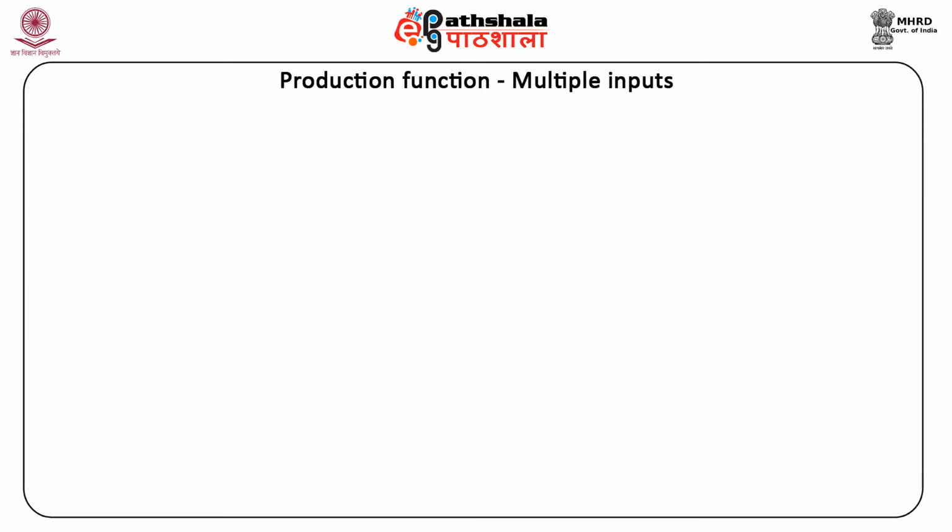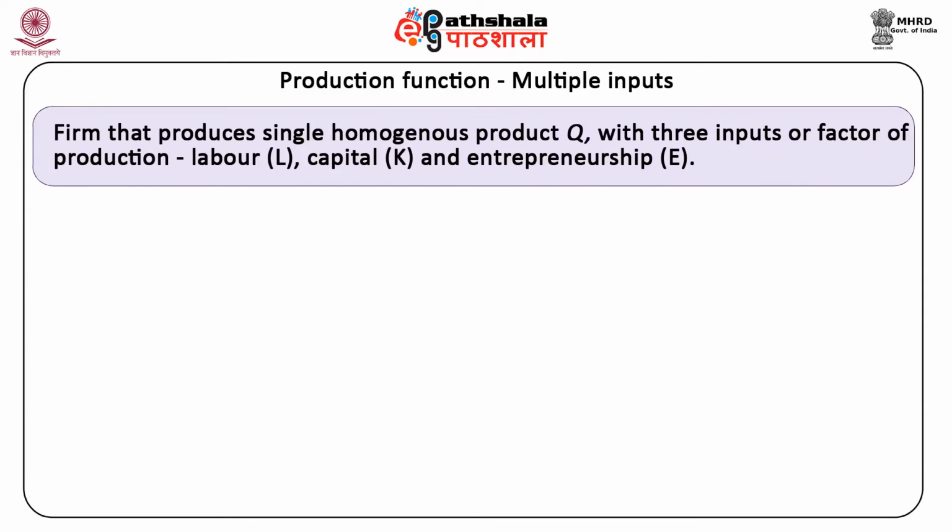Production function, multiple inputs. Suppose we have a firm that produces a single homogeneous product Q with three inputs or factors of production, that is labor L, capital K, and entrepreneurship E. Then the production function would be given as Q = F(K, L, E), where F is the form of production function which may take several mathematical forms, simplest of which includes the additive or multiplicative form.